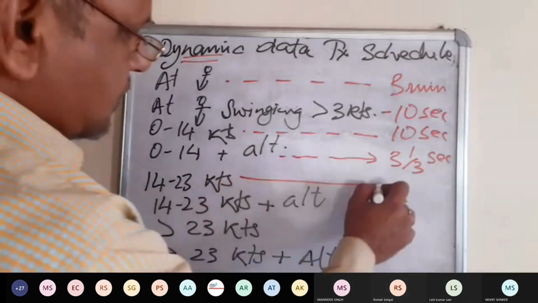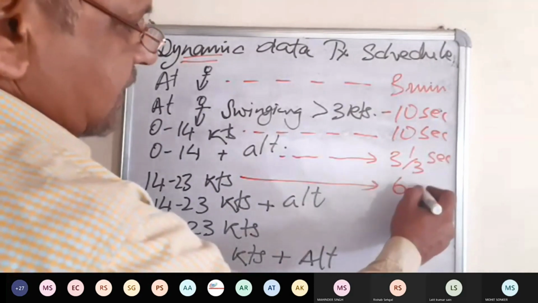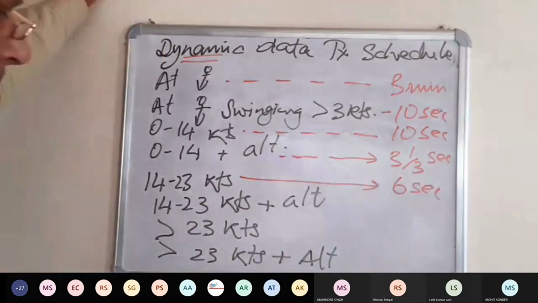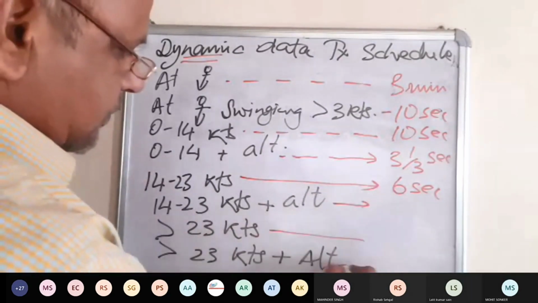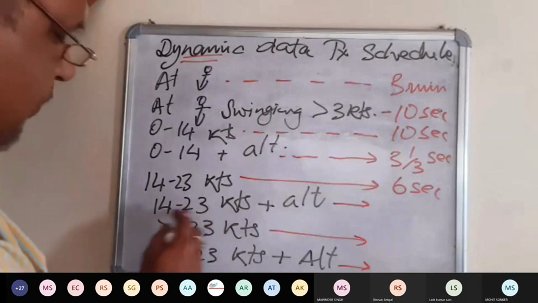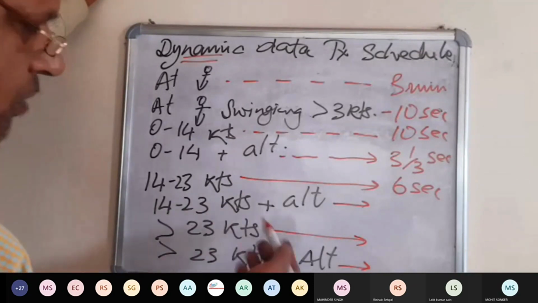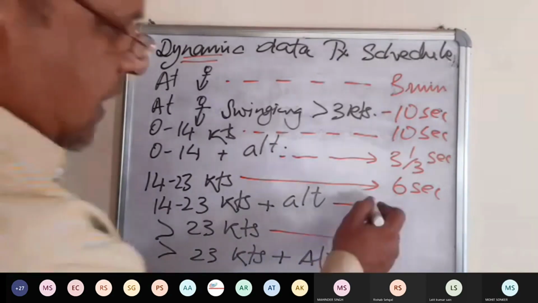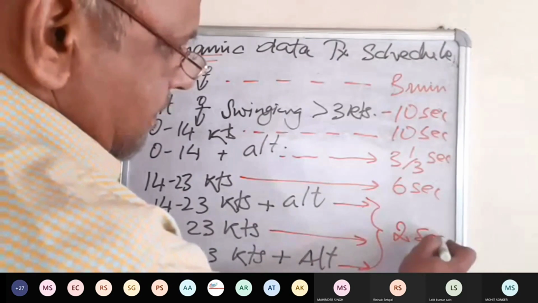14 to 23 knots steady course is every 6 seconds. And in these three conditions, when the ship is moving at 14 to 23 knots and altering, or more than 23 knots doing whatever, in all these three cases, it is 2 seconds.